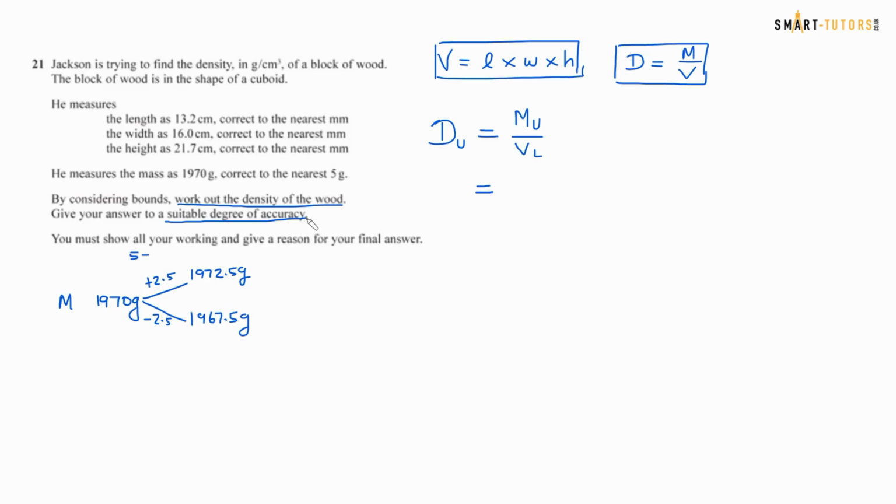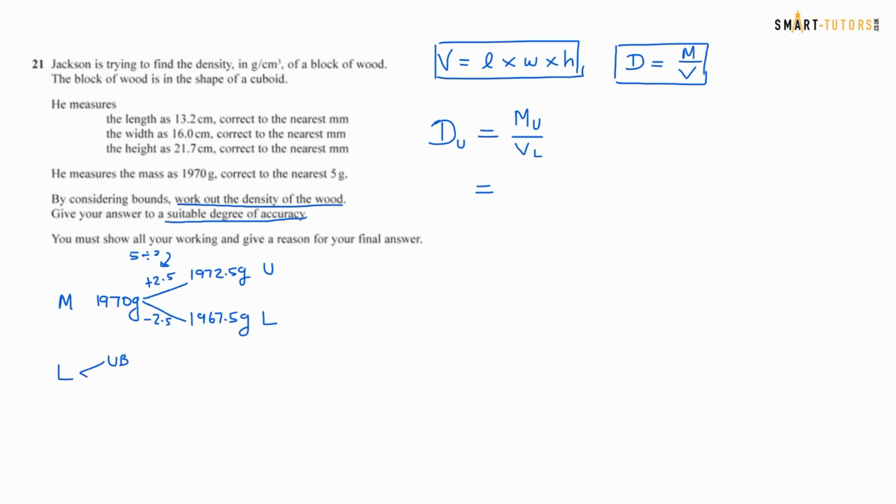So you add 2.5 and take away 2.5. Why 2.5? Because it's nearest to 5, and 5 divided by 2 is 2.5. So this is my upper bound and this is my lower bound.